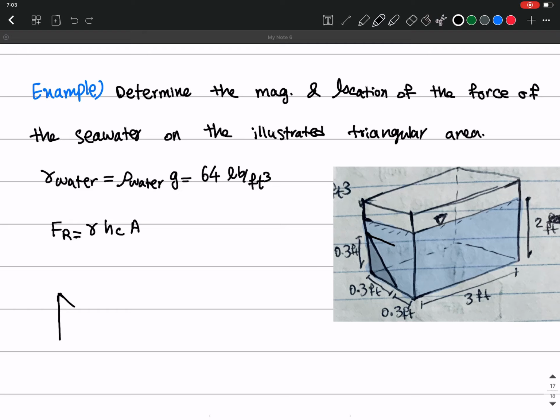So we have a triangle like this. And then we have water on top of that.